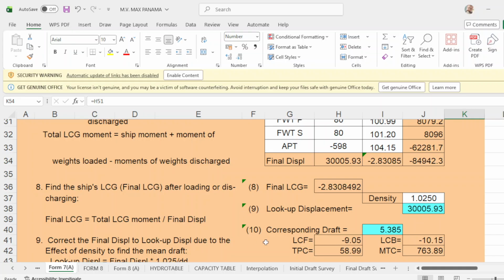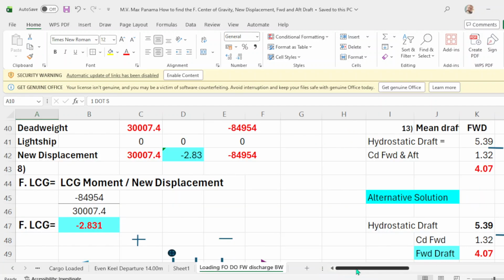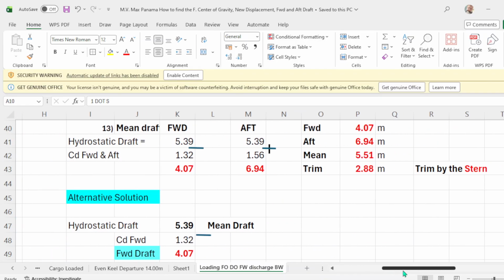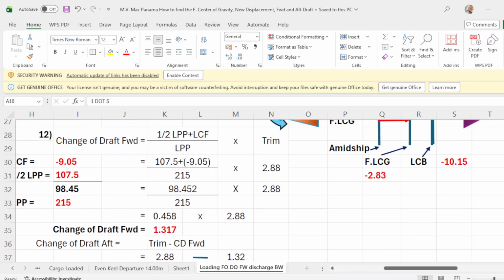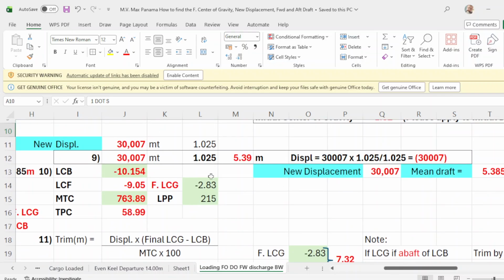Now number 10 is corresponding drop. That is number 9. Number 9 is the displacement of 3007, and the corresponding drop is 5.39.